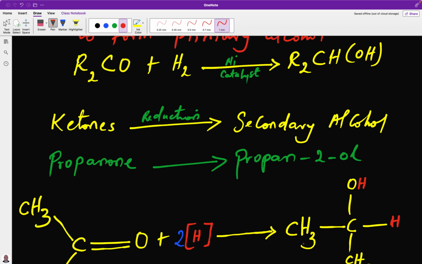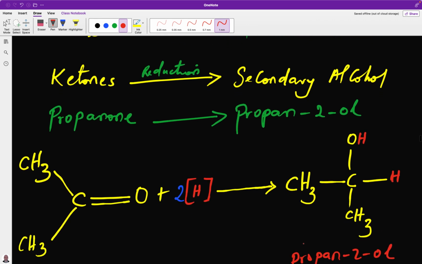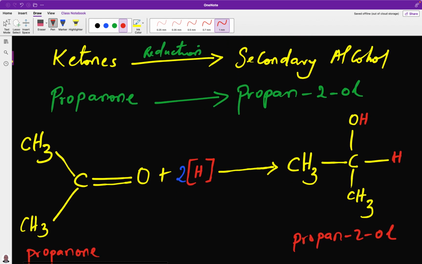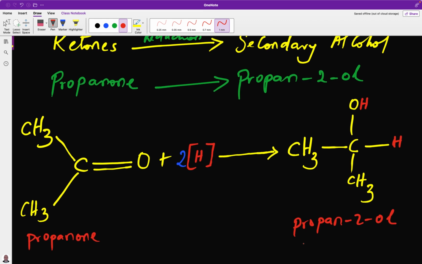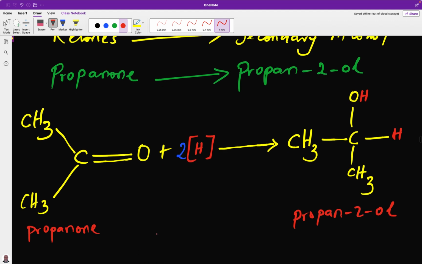Propanone can be reduced to propan-2-ol using the same reducing reagent, either lithium tetrahydroaluminate or sodium tetrahydroborate. Any of them could be used to reduce propanone back to propan-2-ol. When we did that, we had this product, propanone to propan-2-ol.